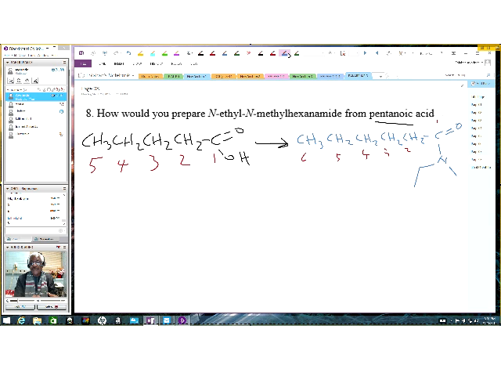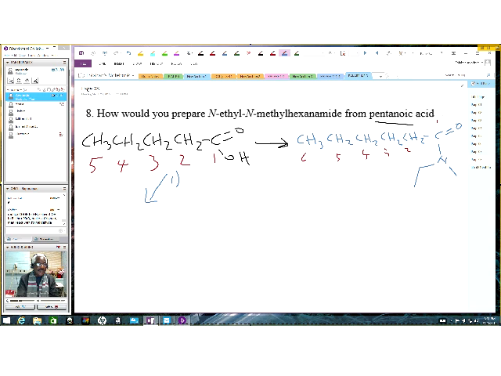We could also use a Wittig reaction to form a new carbon-carbon bond. So in this particular instance, let us try the Grignard reaction. But to do the Grignard reaction, you need to form an alkyl bromide. So the first thing that should come to your mind is that this molecule here, pentanoic acid, needs to be converted to an alcohol first.